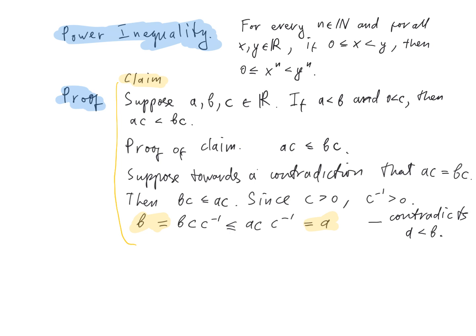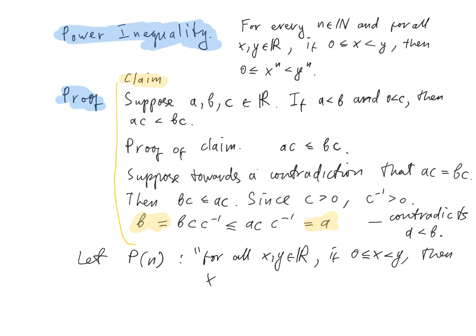Hence, the claim is established. Next, we proceed to prove the power inequality by induction on n. We let P of n be the assertion that for all x, y in R, if we have that 0 is less or equal than x is less than y, then x to the power n is strictly less than y to the power n.